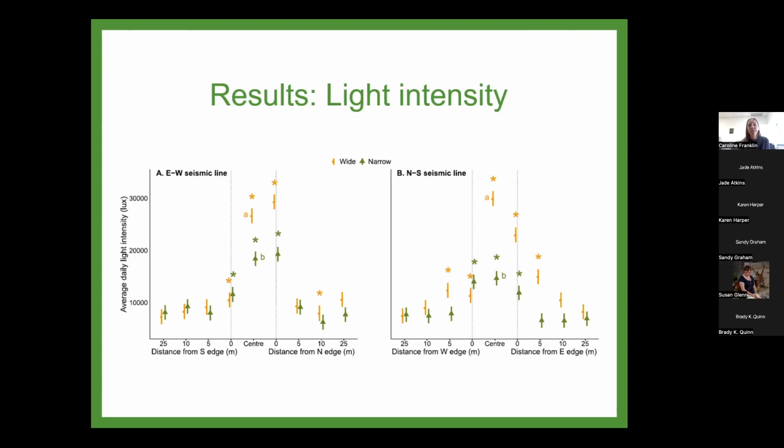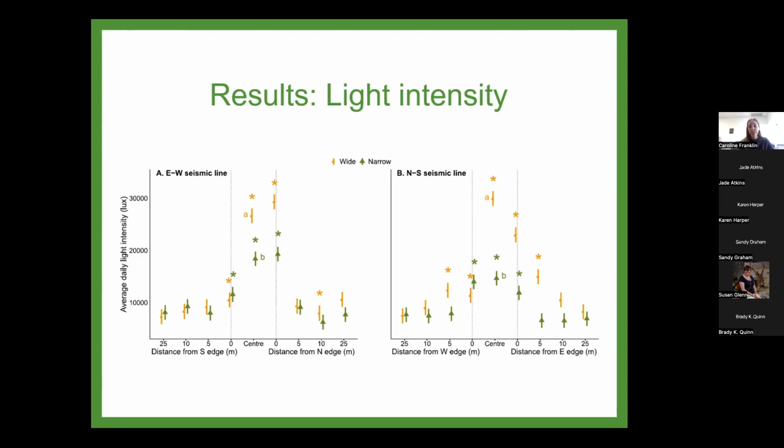But what's interesting is that it varied by the orientation of the line. So the plot on the left is showing the seismic line oriented east-west. And we see that on wide seismic lines, light intensity was actually higher at the south-facing edge, so at the north edge, than it was in the middle of the seismic line.